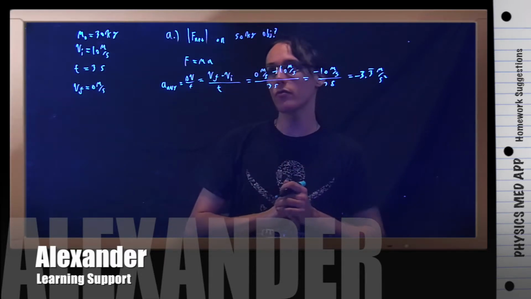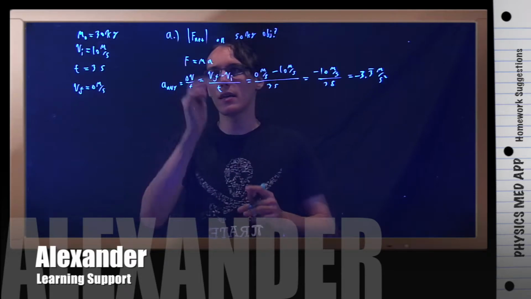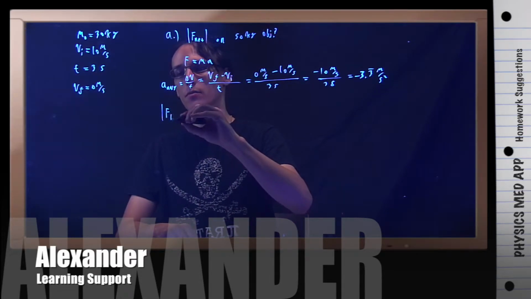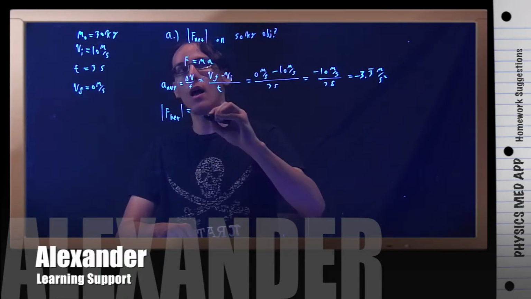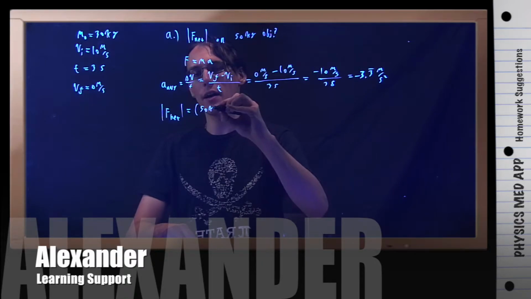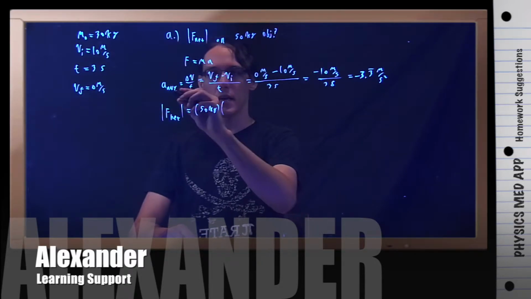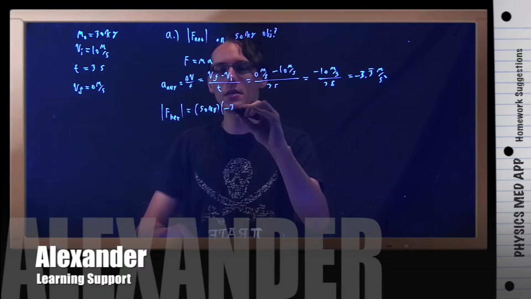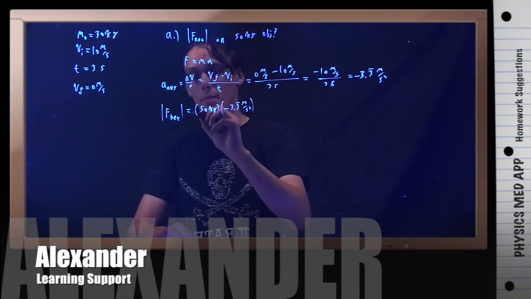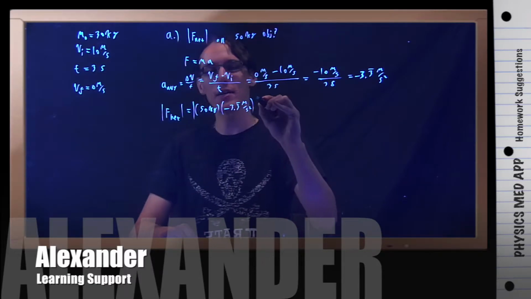That's why it's negative. And so now I want to know what the magnitude of the net force is. So I'm going to do the absolute value of the mass of the object, which in this case happens to be 50 kilograms, times the average acceleration, which is negative 3.3 bar meters per second squared, and I'm going to do the magnitude of that.